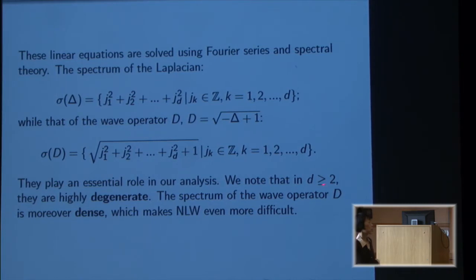We know that in dimension 2 and above, they are highly degenerate. The spectrum of the wave operator D is moreover dense, which means the eigenvalue spacing goes to 0. This makes NLW even more difficult. It's degenerate and dense. It sounds horrible, right?